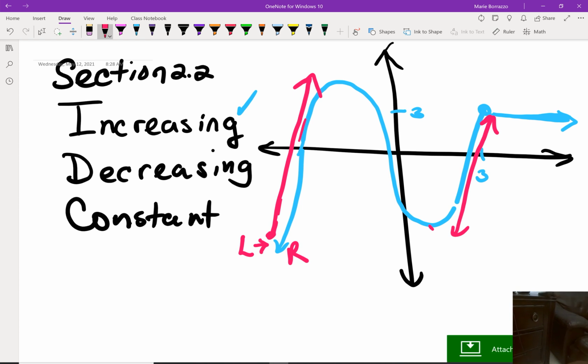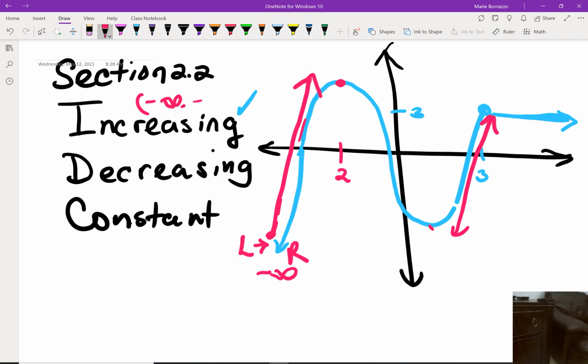Whenever we discuss the actual value of where a function is increasing, so this is coming from negative infinity, let's hypothetically estimate this to be where x is negative 2. So we would say this function is increasing from negative infinity to negative 2. When I look at this function here, let's say hypothetically this is the point where x is 1.